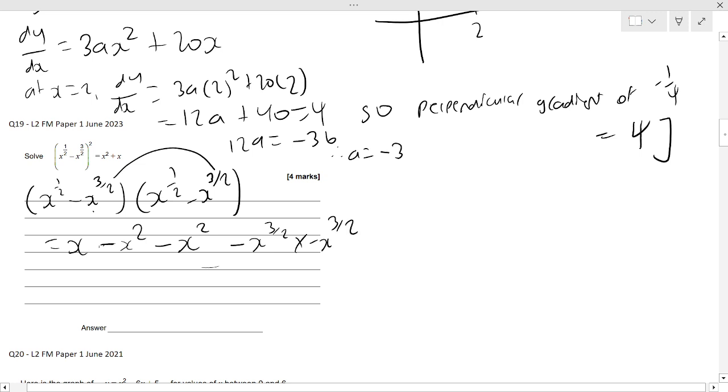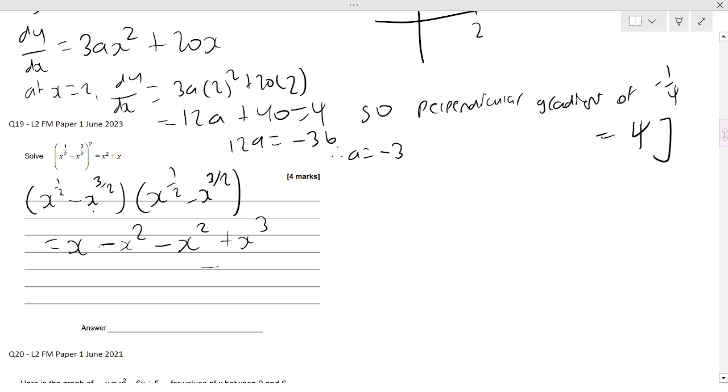So firstly, it's a positive because a negative times a negative is a positive. So bear that in mind. But also 3 over 2 add 3 over 2 is going to be 6 over 2, which is 3. So that's left with positive x cubed, again positive because we have times the two negatives. And that's our expansion. And actually, it's a lot nicer to work with.